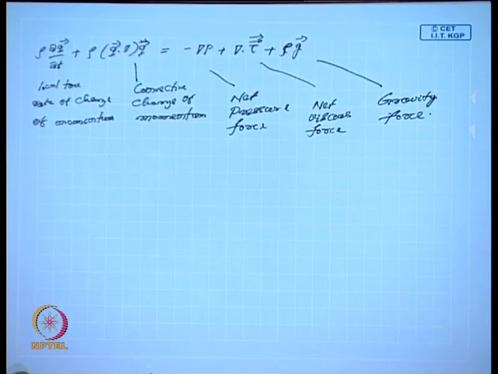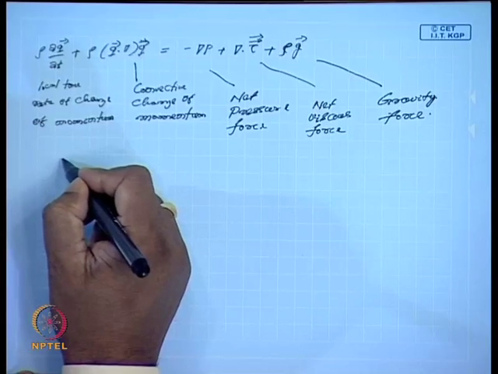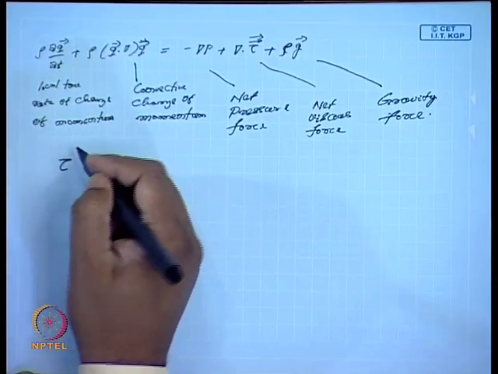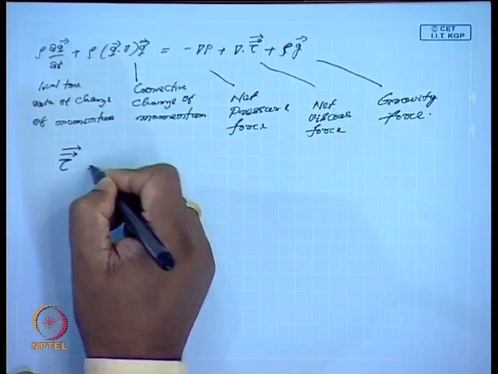Now, again, what is tau double bar? Tau double bar is basically called the stress tensor. I will define what exactly it is.